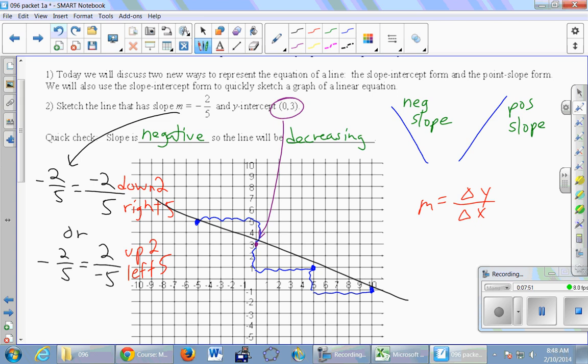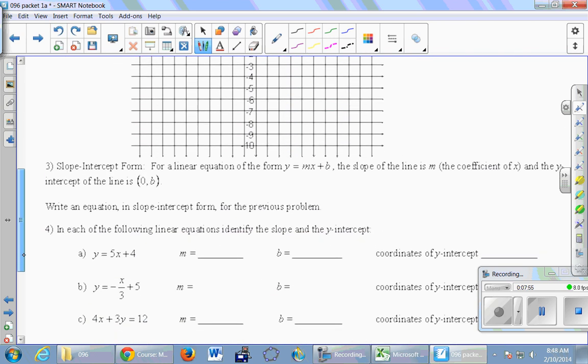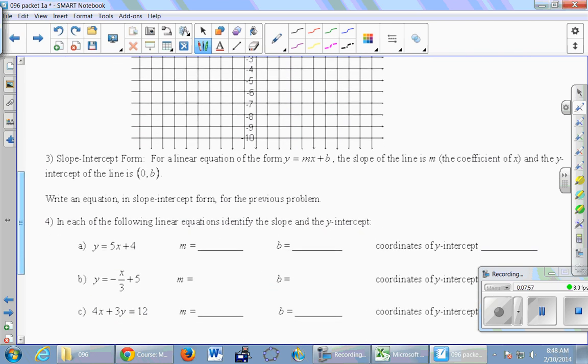Okay, so let's move on to number 3, which is something that I expect many of you have seen before. Okay, so this y equals mx plus b, many of you have already seen, and you know that m is the slope and b is the y-intercept.